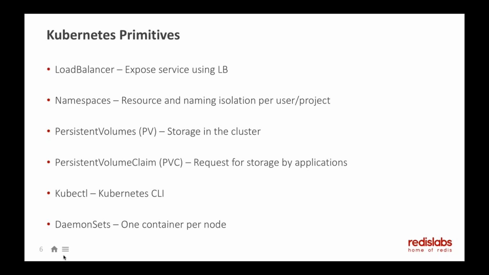Once you define your load balancer in your deployment, Kubernetes itself will take care of instantiating that load balancer in whatever cloud you are in. In AWS, it might be an ELB, and Azure has its own construct, so does GCP. But the load balancer itself is an abstraction so that you don't have to worry about how it is implemented in different clouds.